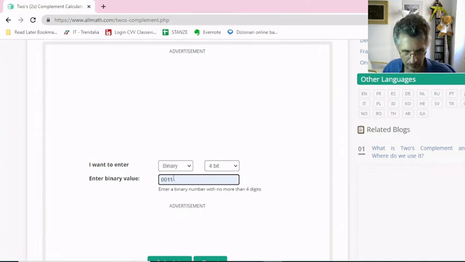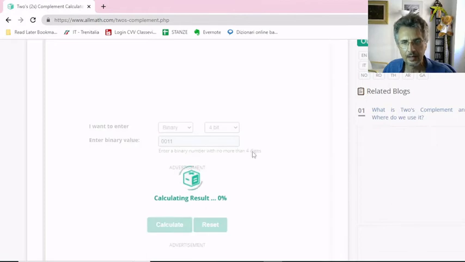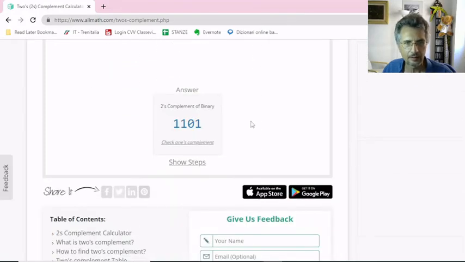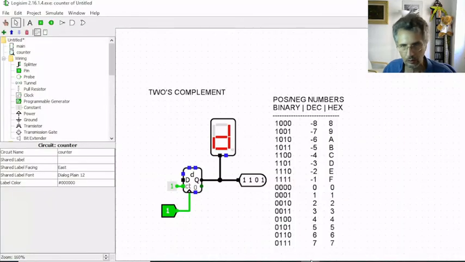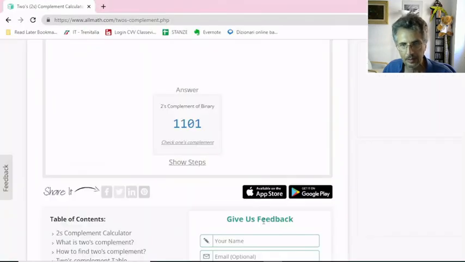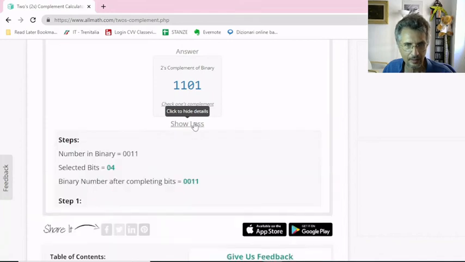This is plus 3. I recognize that this one is a positive number because it begins with 0. And this one is the negative number. The 2's complement is 1101, which of course is minus 3, but the details are here.